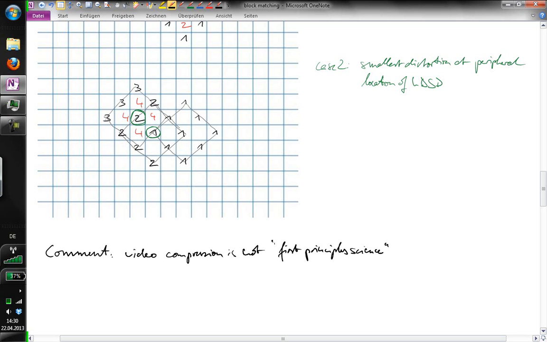Because the ultimate quality metric is how good a human thinks the result is, and unfortunately humans are hard to summarize, or maybe not unfortunately. Fortunately, humans are hard to summarize in equations.